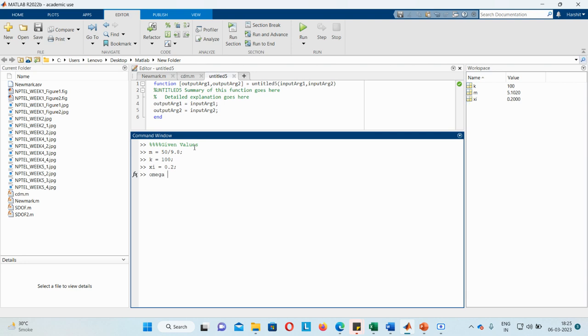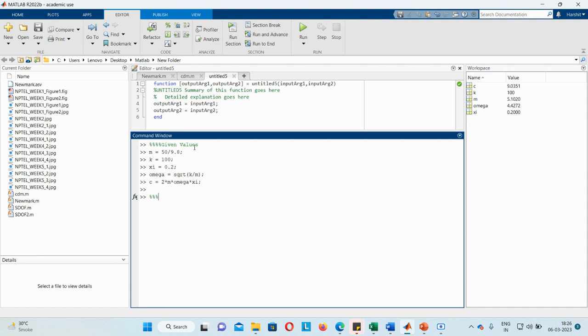So omega will be the square root of k by m, and the damping will be 2 m omega n times the damping ratio. Okay, so these are the given values, or the values that we can estimate from the given values.